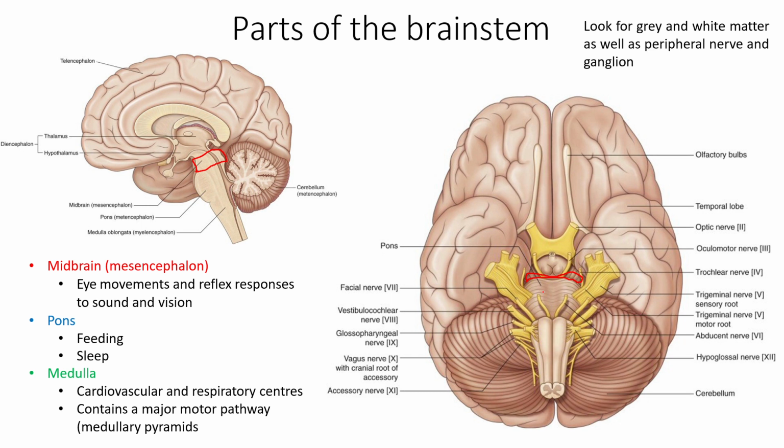So, for example, reflex orientating movements of the head towards a sound are mediated at the level of the midbrain. And you know that the midbrain is also involved with eye movements because it contains the oculomotor and the trochlear nerves and their associated motor nuclei.